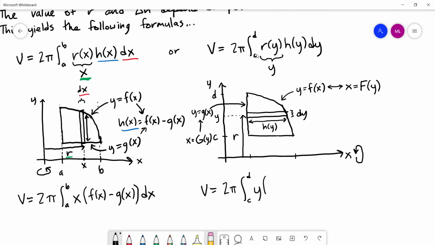And then I need to multiply that by the height of this thing, which is dependent on whatever y-coordinate we happen to be at. And that is going to be the capital F of y minus the capital G of y, dy.